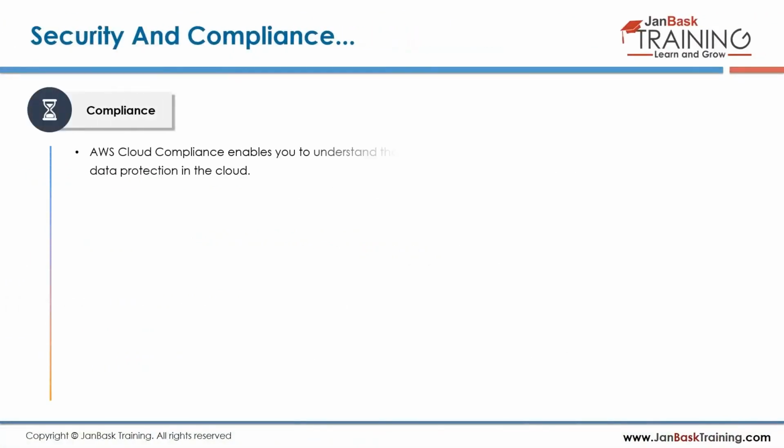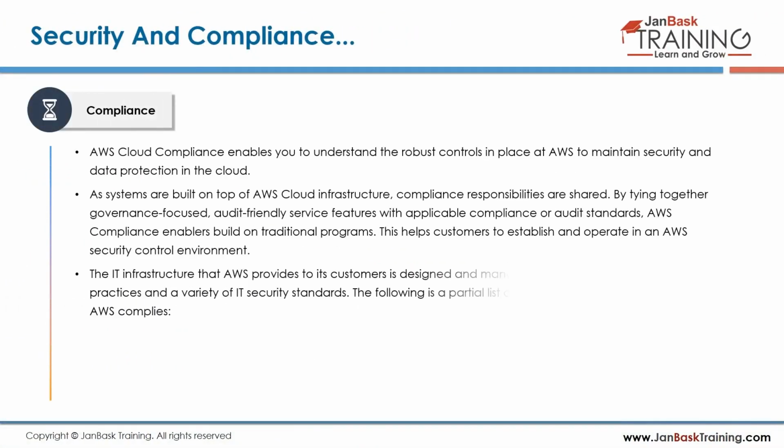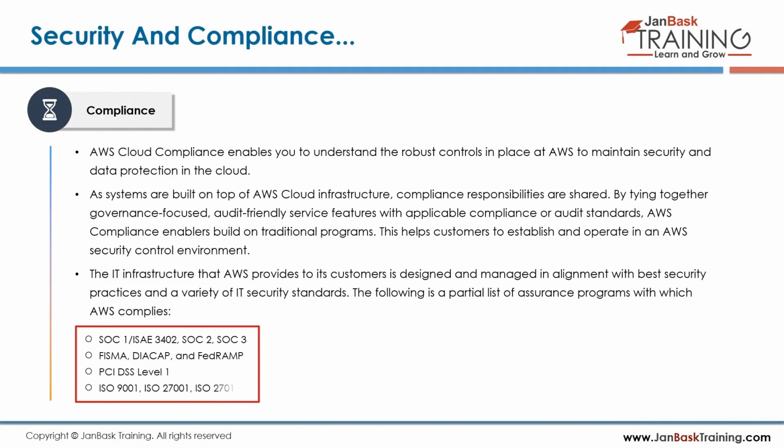What about compliance? So these are all the certifications that are required to run a business. There is SOC, there is FISMA, DIACAP, PCI DSS, FedRAMP, HIPAA, PII. So AWS gets its infrastructure audited every year by certified auditors and gets these certifications for you. How's that good for you?